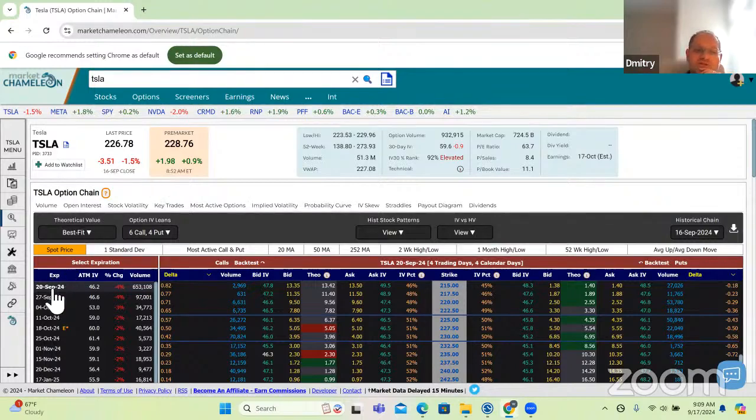An option on September 20th is not the same thing as an option on October 18th, because they're different expirations, and because of that there are different risks with time value and Vega risk, and there could be events that cover one expiration and not the other. So not all these options are the same. Even when we aggregate the total options volume, we could ask, what was the options volume in Tesla? 932,915.